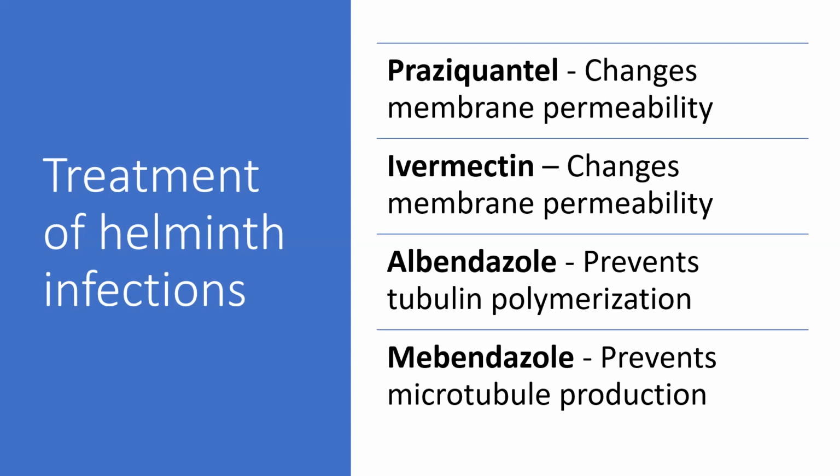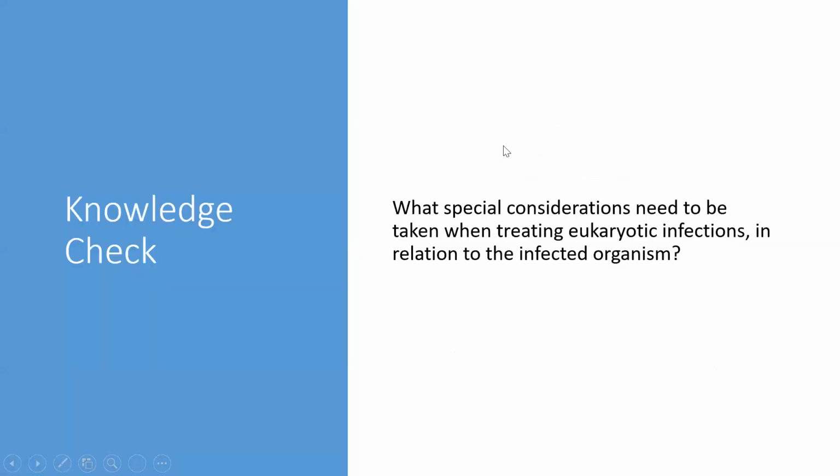And so those are interesting things, because keep in mind that our cell membranes are similar to the cell membranes of these other eukaryotes. We also have tubulin in our cells. So taking that in mind, what special considerations need to be taken when treating eukaryotic infections in relationship to the infected organism?